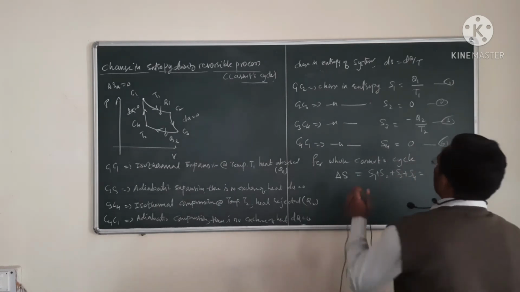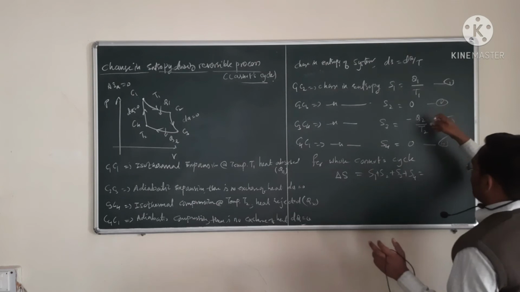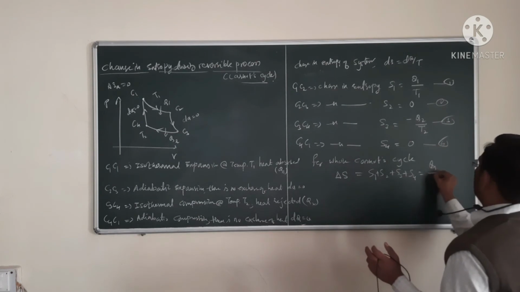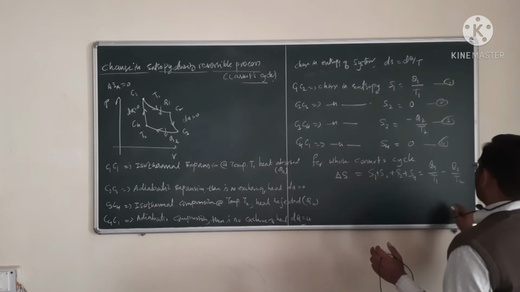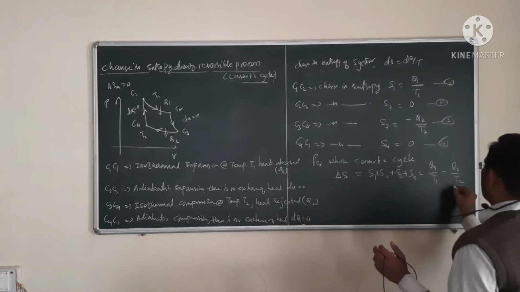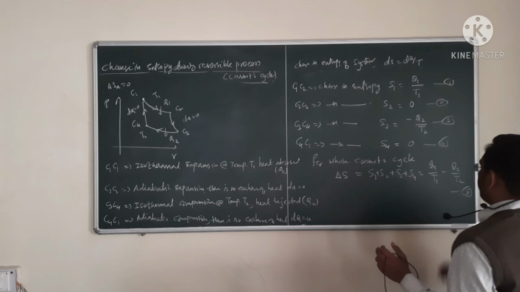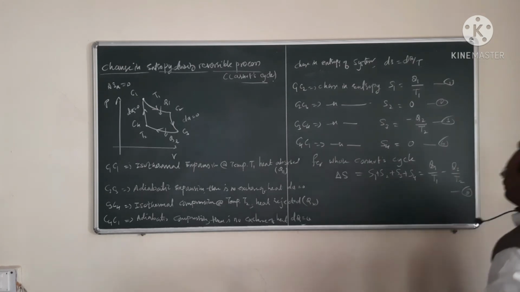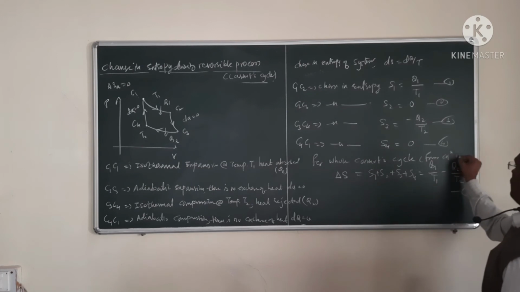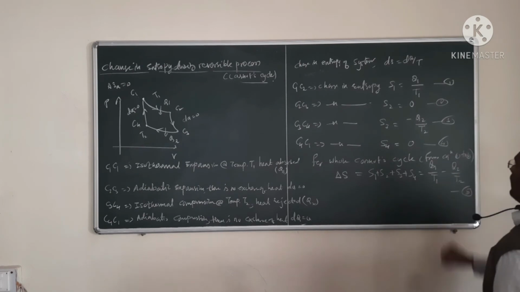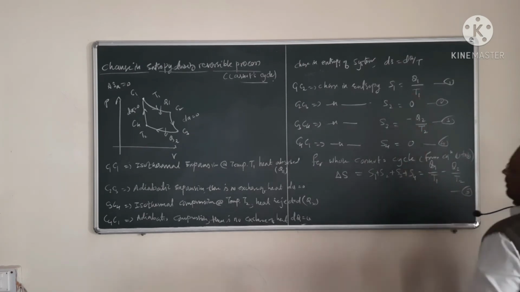Now if you add all these four quantities, it becomes Q1 upon T1 minus Q2 upon T2. Okay. So call this equation number 5. We have taken equations 1 to 4 and added all four equations.